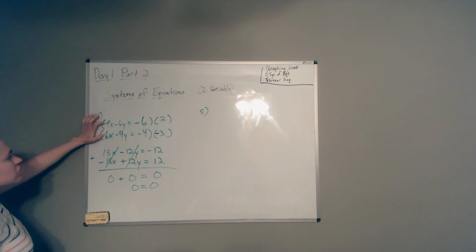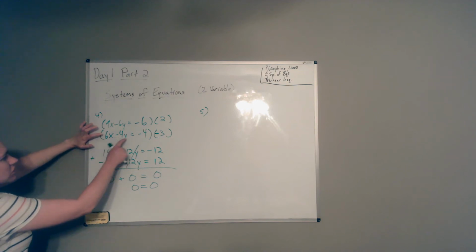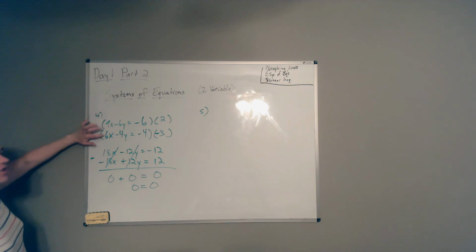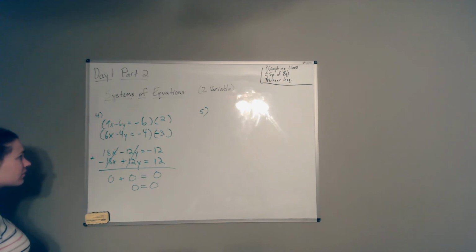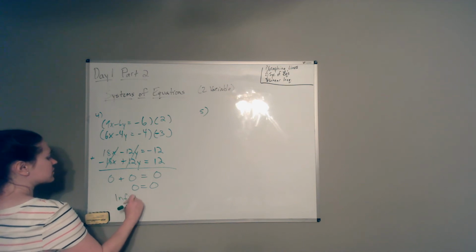So that means these two are the same line. They're multiples of each other. If I took this line and multiplied each of these terms by 1.5, I would have this line. That means these two are the same line. So this has infinitely many solutions.